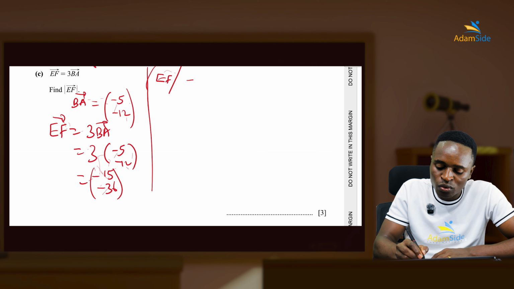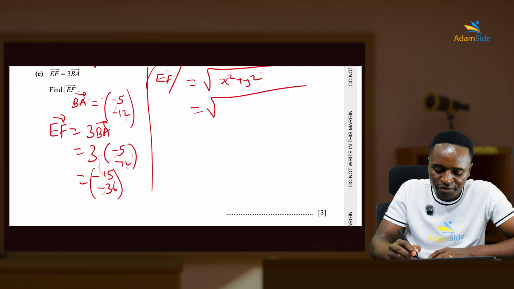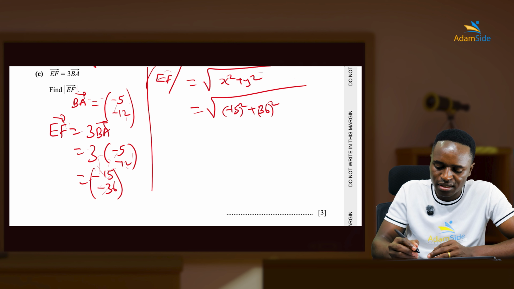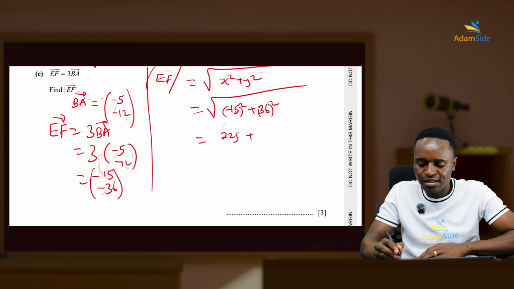We know the magnitude will always be the square root of x squared plus y squared. And here we have 15 squared plus 36 squared, because even if you say negative 15, negative 36 squared, still it will be the same. So 225 plus 36 squared.